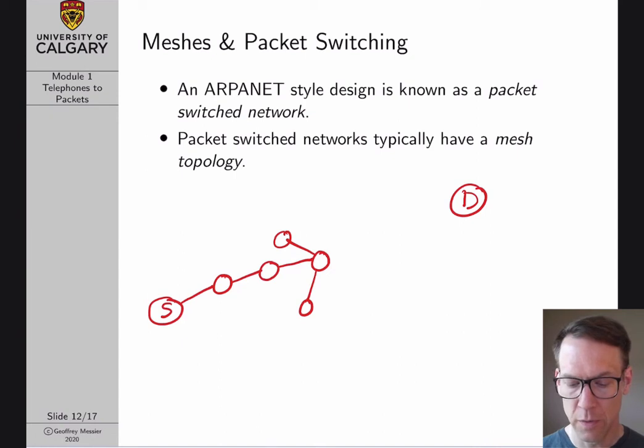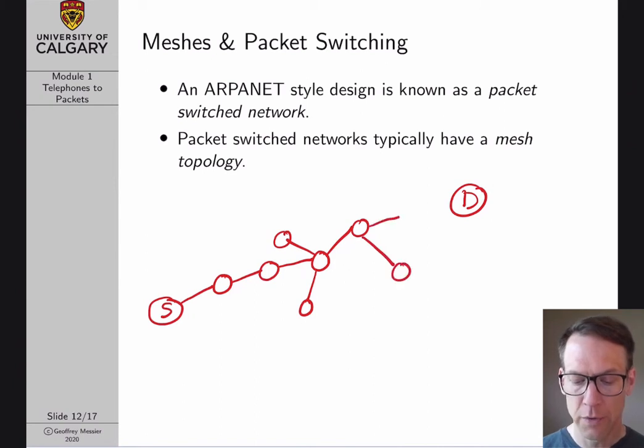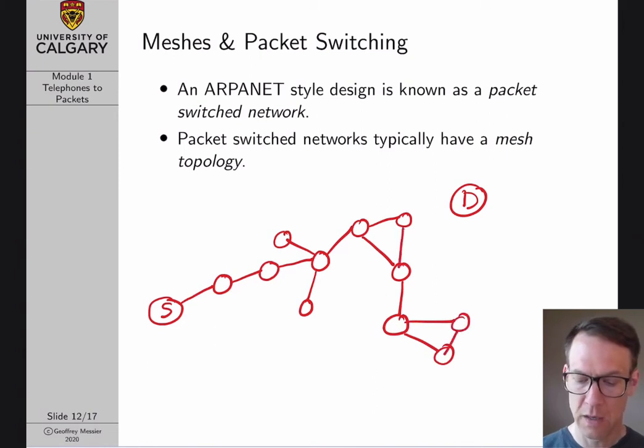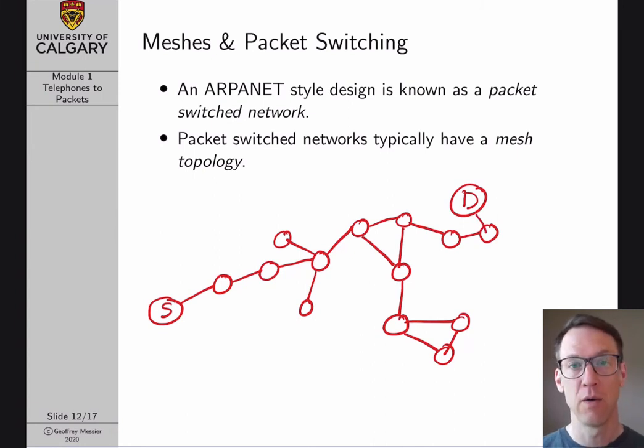That might go to a centralized switch that has the opportunity to connect to multiple high-speed routers. This high-speed router may connect to another series of high-speed routers. This one may connect back to there. Maybe we connect to a high-speed switch in an office building, which then connects to another Ethernet switch, which ultimately connects to our server.